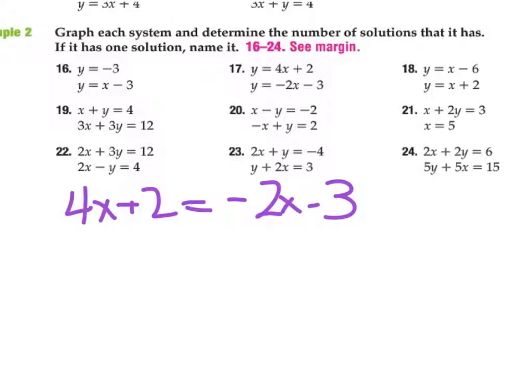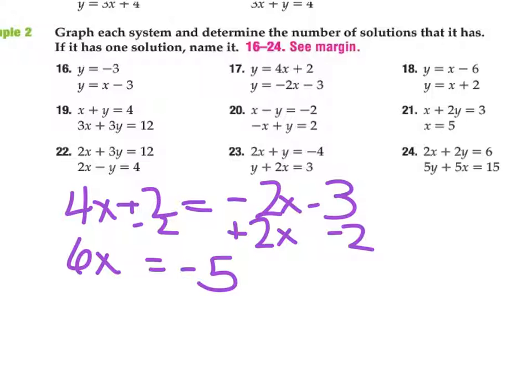If I add 2x to both sides, I'm going to get 6x over here, and if I subtract 2 from each side, I'm going to get 6x equals negative 5. And I'm going to have x equals negative 5/6. Now, to find out y, I'd have to put x back into one of the equations.